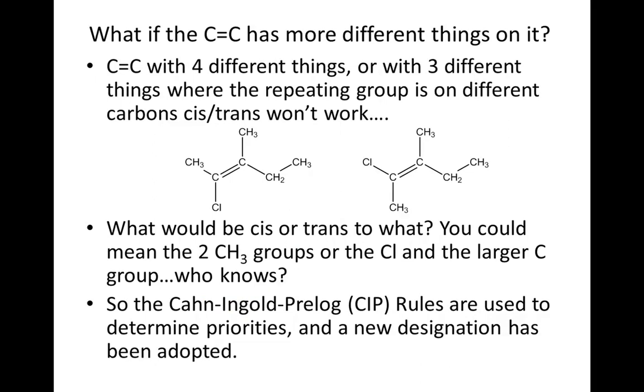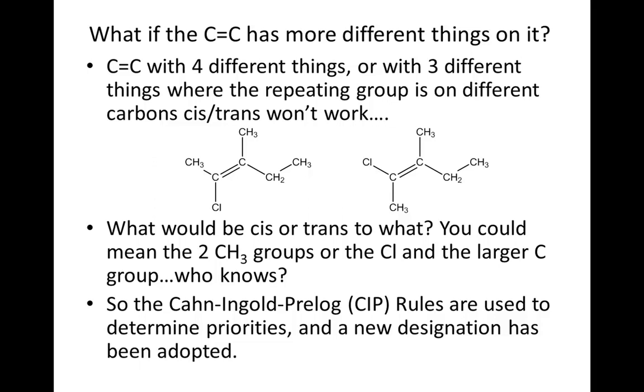Now here's a different case. In this situation, I have 3 different things on my carbon-carbon double bond, and the 2 things that are the same are not on the same carbon as in the previous case. So if you have 3 different things where the repeating group is on different carbons, you can't use cis trans. Or if you have 4 different things, you can't use cis trans.